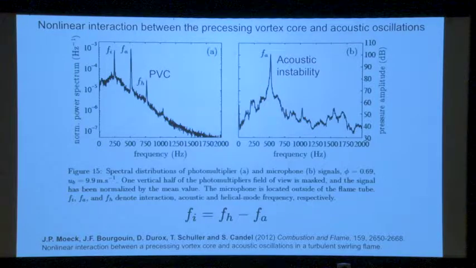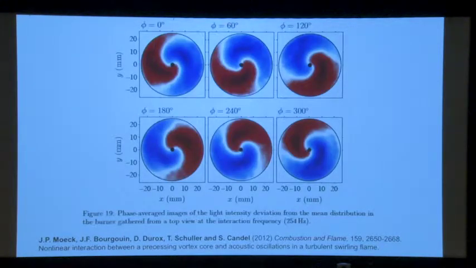It's interesting to see that you get this very nonlinear effect. And if you look at the features, this is a single injector. You're able to produce phase average images of the light intensity deviation from the mean distribution in the burner, gathered from above, and you have a yin and yang behavior at this interaction frequency.